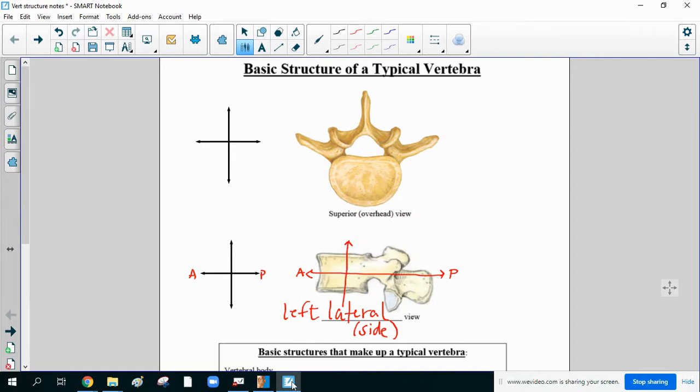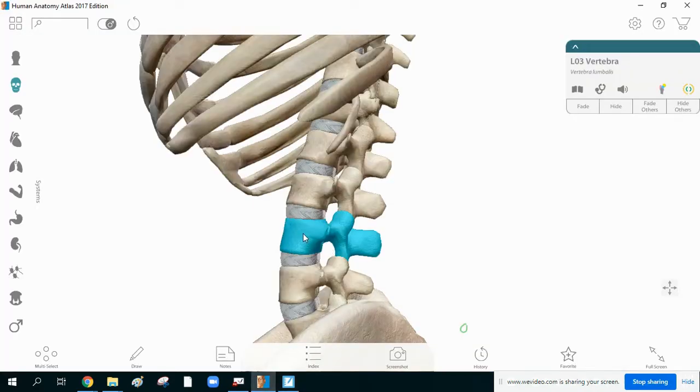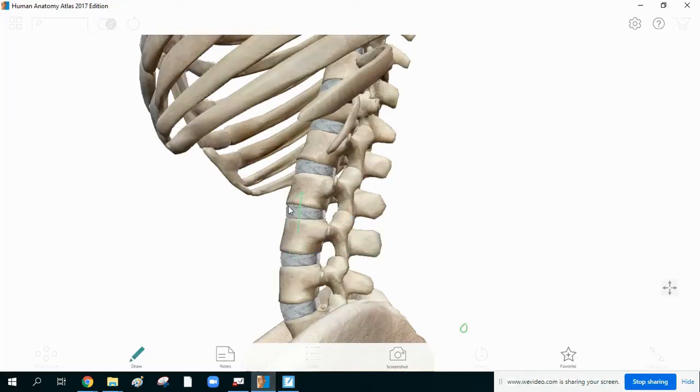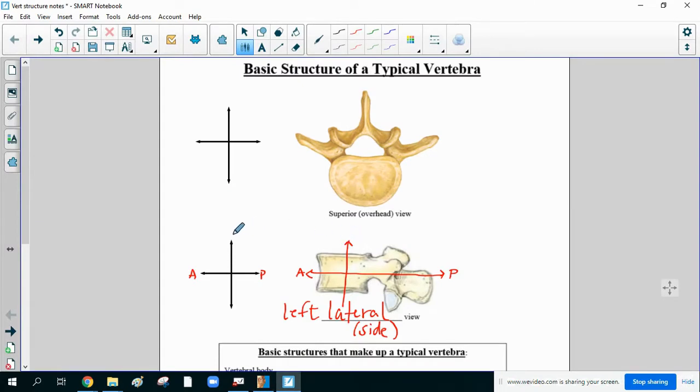This way, as we can see, is towards the head. This way, towards the head and towards the feet. So the word that means towards the head is superior and inferior. And I'm going to actually write a little cheat of the words up here so you have that.